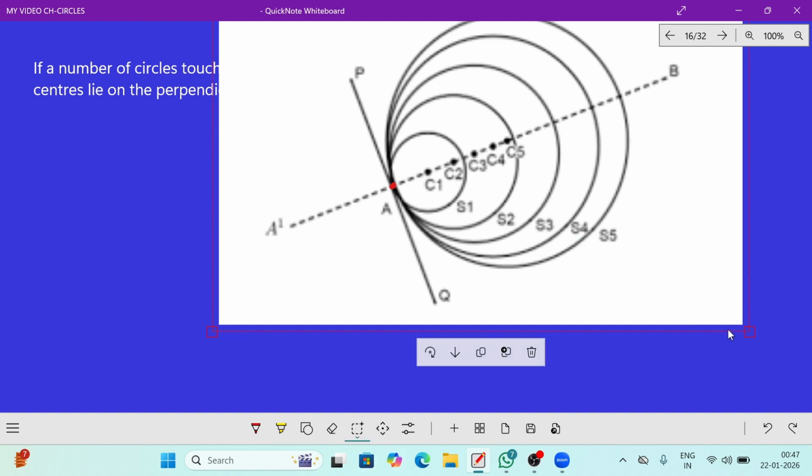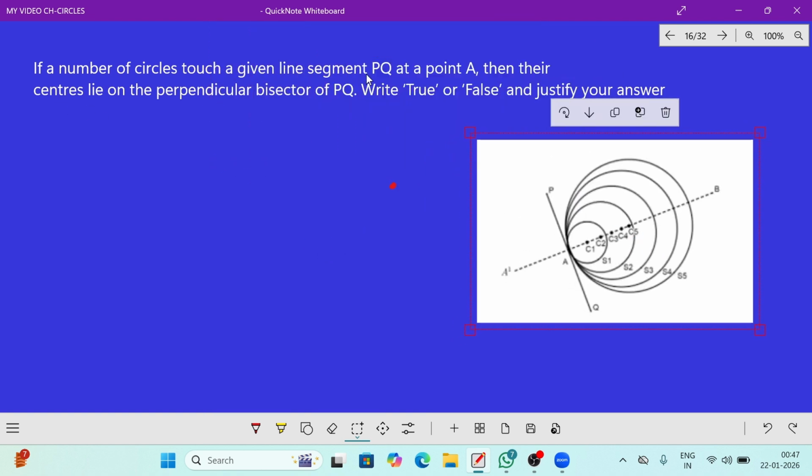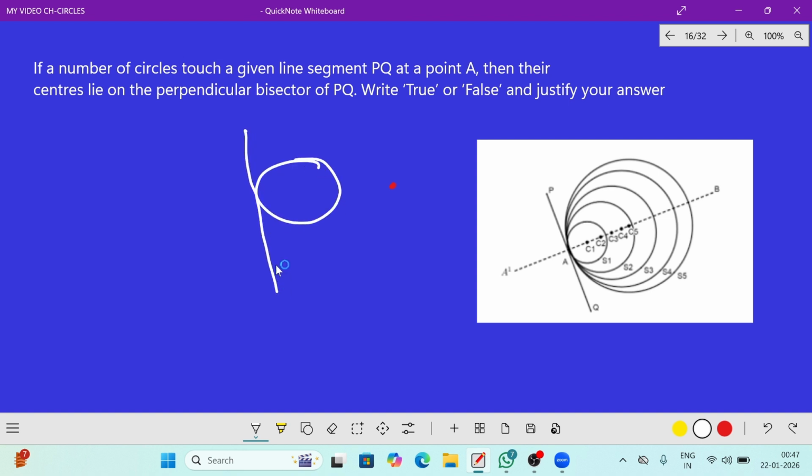So the question given is, we have to show that if a number of circles touch a given line segment PQ, which is also a tangent at the point A, then their centers lie on the perpendicular bisector of PQ. It means if this is a circle and this is a tangent, then the circle's center will lie on the perpendicular bisector of this line.